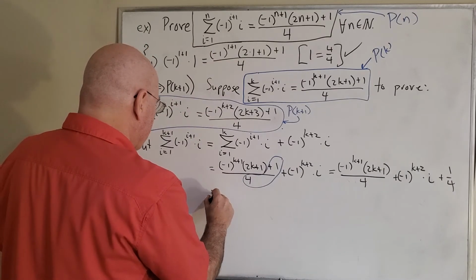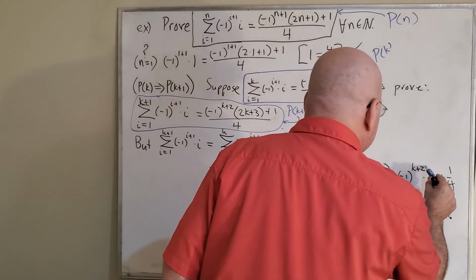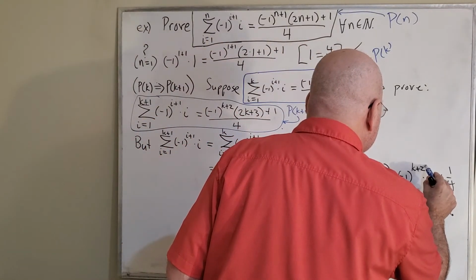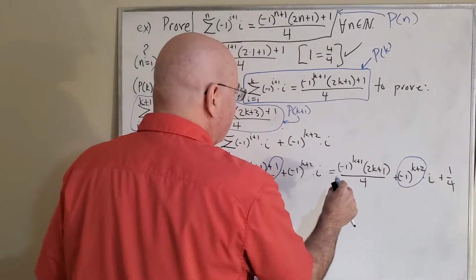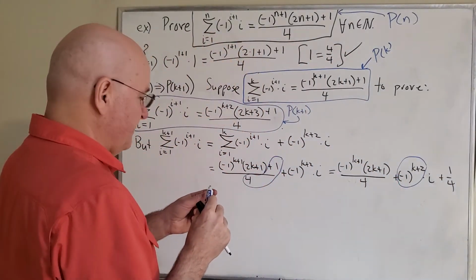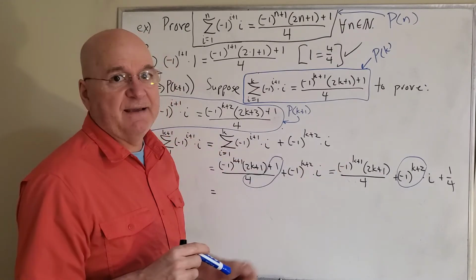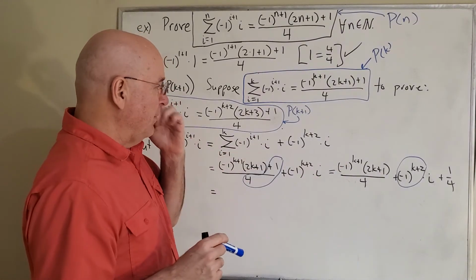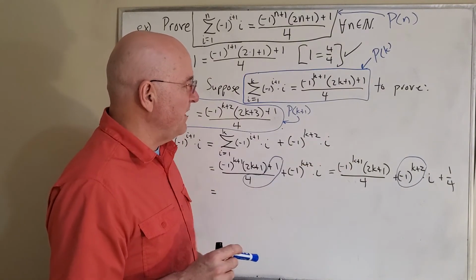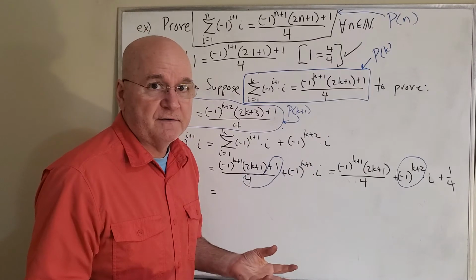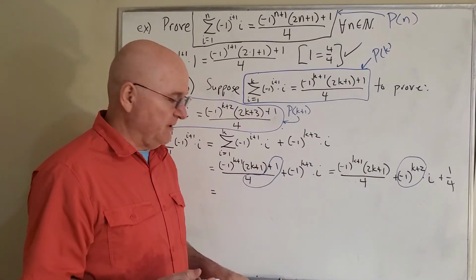Okay, so now I'm going to factor out. It's going to look weird. I'm going to factor out negative 1 to the k plus 2. And you say, well, there's only a negative 1 to the k plus 1 here. Well, remember, negative 1 to the k plus 1 times negative 1 gives you negative 1 to the k plus 2.